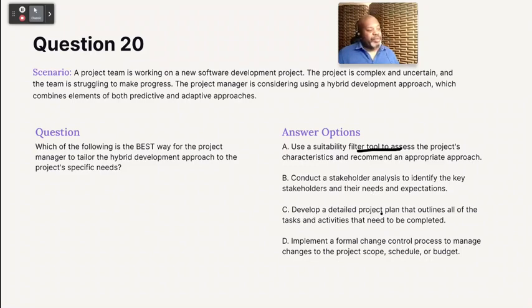Develop a detailed project plan that outlines all of the tasks and activities that need to be completed. Implement a formal change control process to manage changes to the project scope, schedule, and budget. Okay, so look, we're talking about hybrid development. So we're talking some agile, some waterfall.